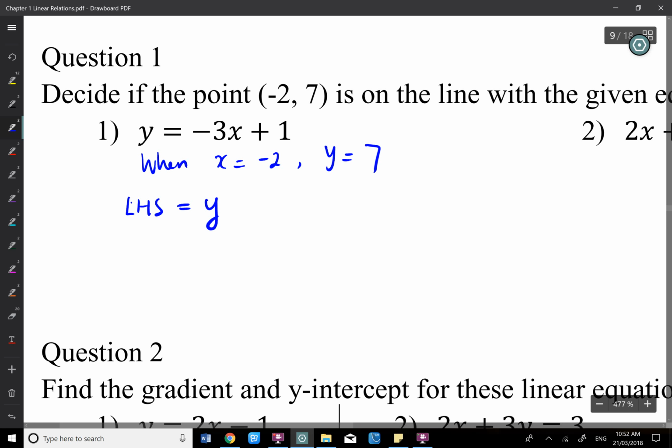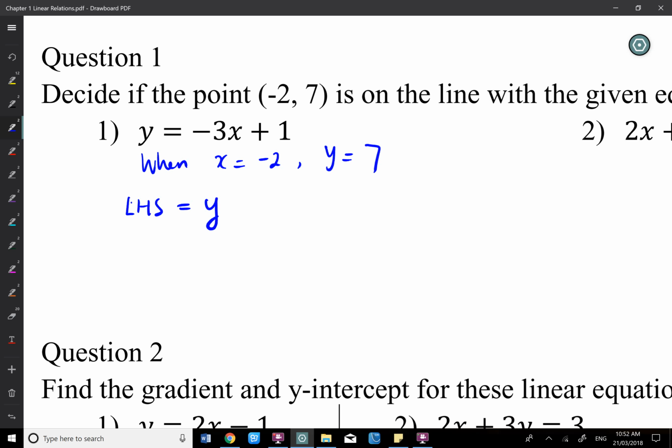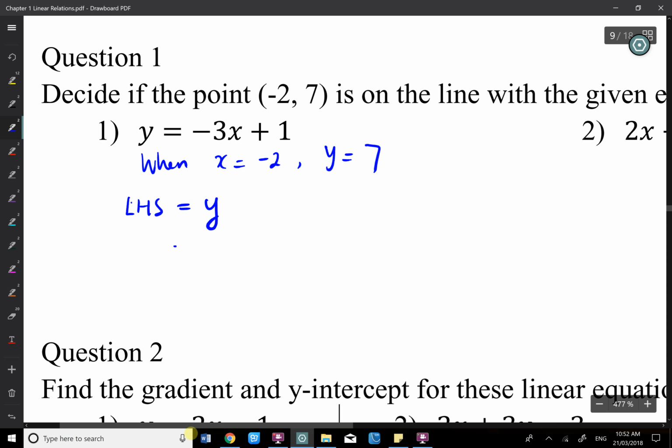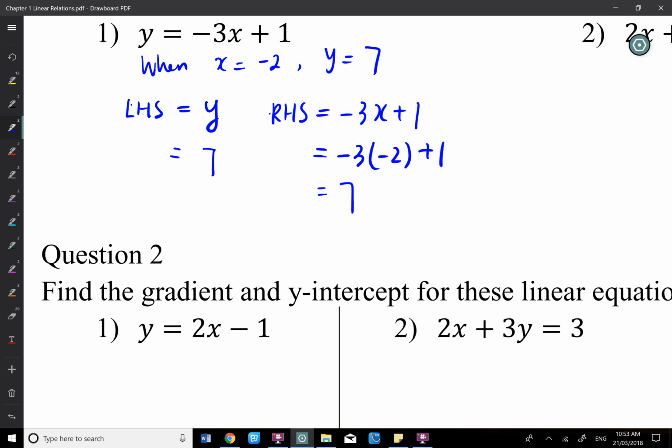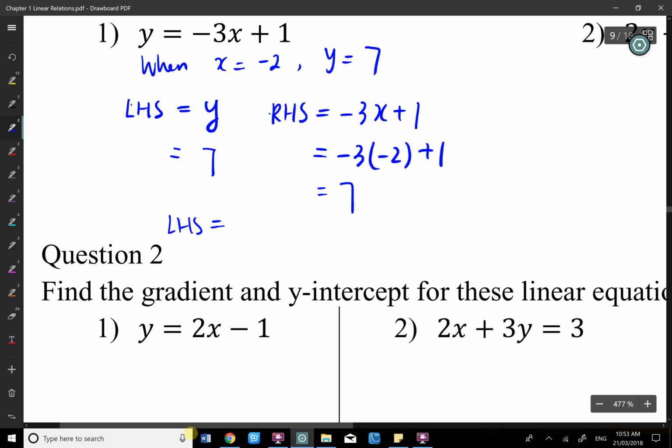You need to tell me what you're testing, like what's the testing value. So left hand side equals y, and that equals 7. Right hand side equals -3x plus 1, which equals -3 times -2, plus 1, and that equals 7. So we have left hand side equals right hand side.